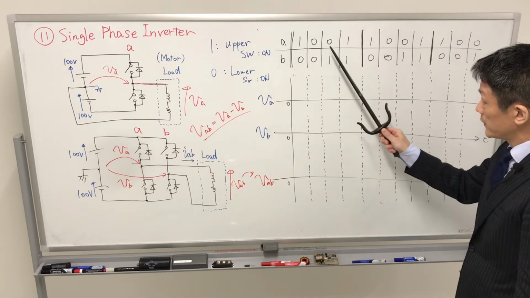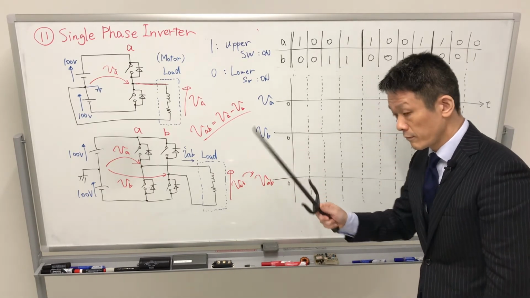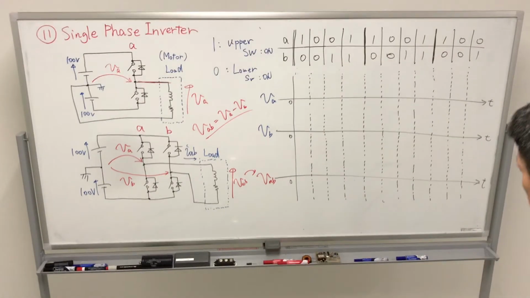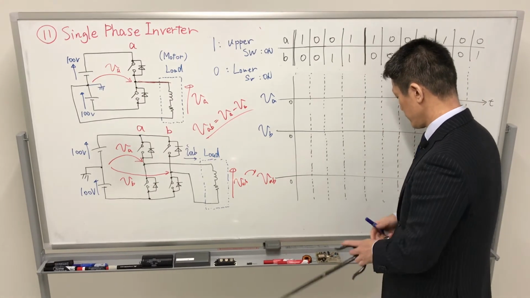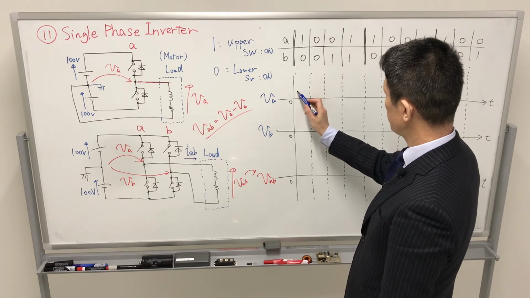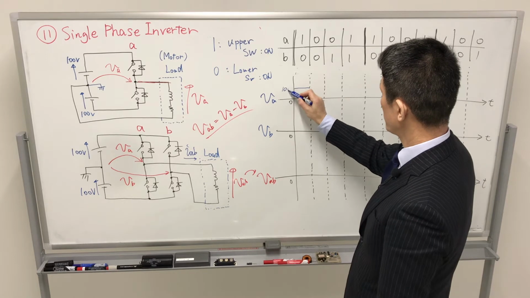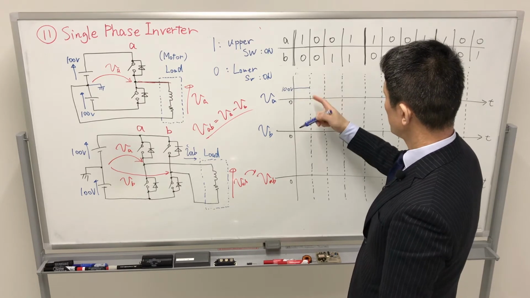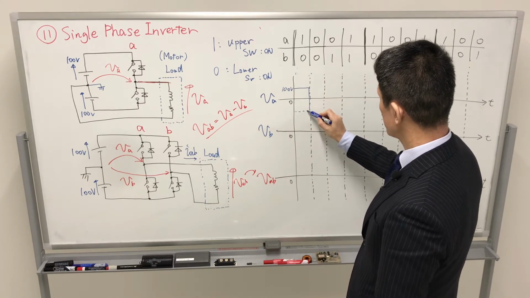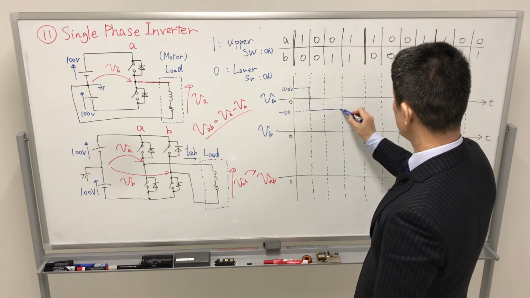And in case of 0, 1 means 100 volt. 0 means minus 100.